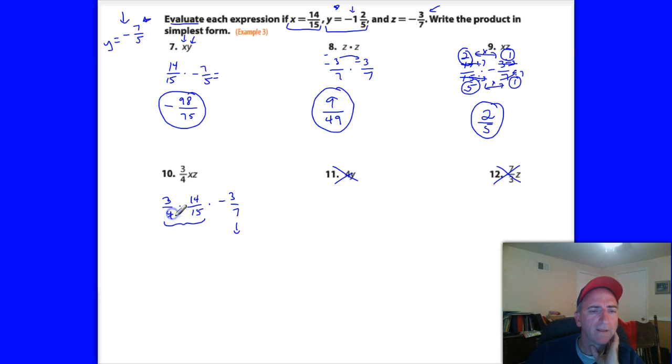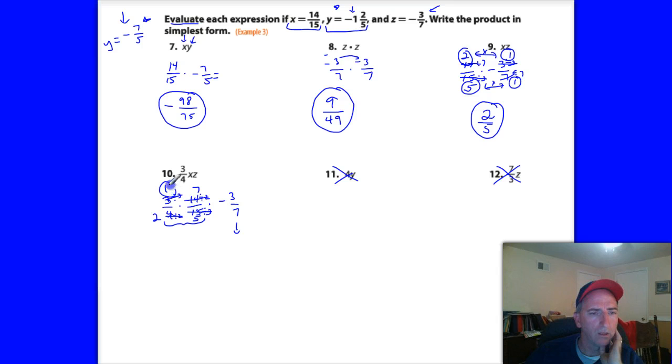Well, 4 has a common factor of 2, because 2 goes into 4. So 4 divided by 2 is 2, and 14 divided by 2 is 7. See how I did it on the top and bottom right there? 3 goes into both 3 and 15, so I'm going to divide both by 3. 3 divided by 3 is 1, and 15 divided by 3 is 5.